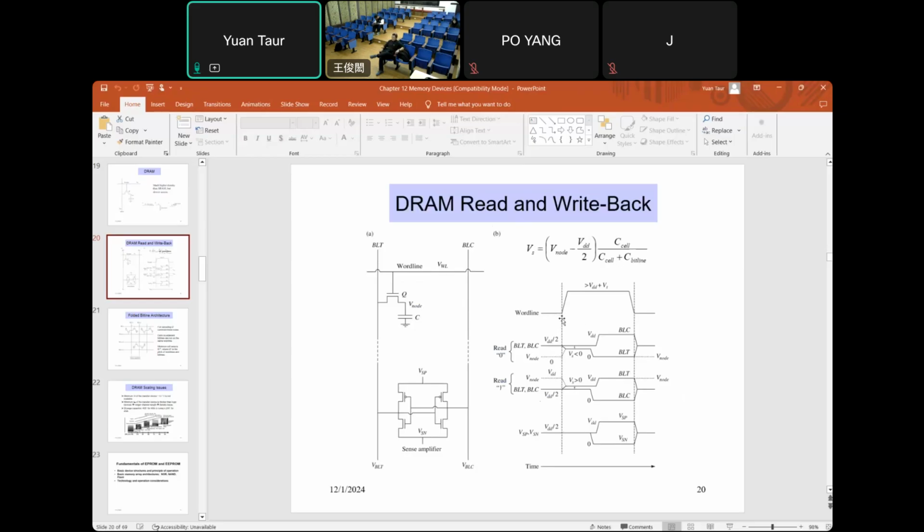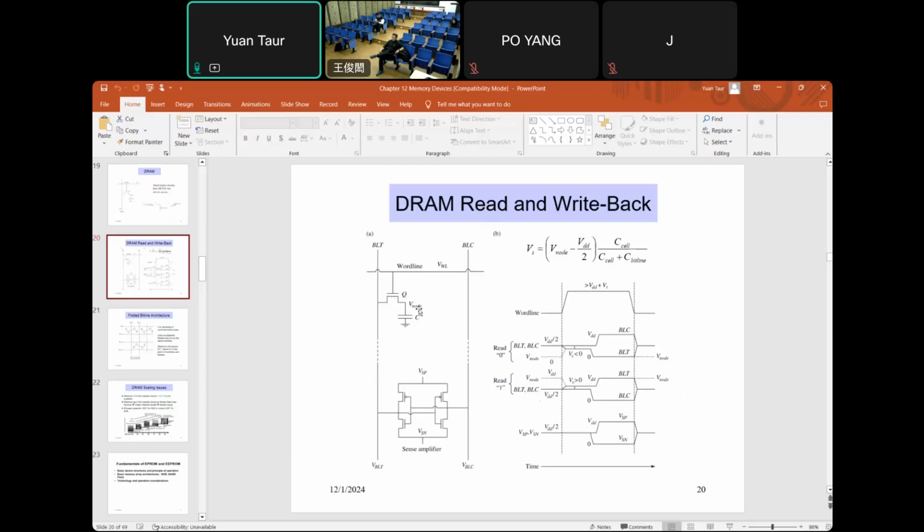So the word line, first of all, goes from 0 to VDD to turn on the gate. Actually, it goes over VDD. We'll discuss that later. This is called the boosted word line. And so let's assume that 0 means there's no charge on the capacitor in the beginning.